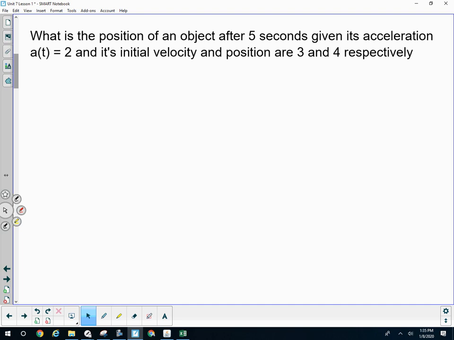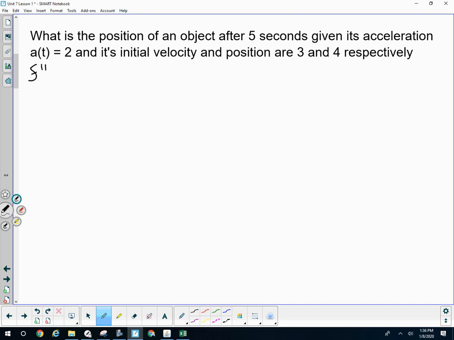I'm asking you for a position after 5 seconds, and I give you an acceleration. Discuss with your neighbors. What do you have to do? Ready?